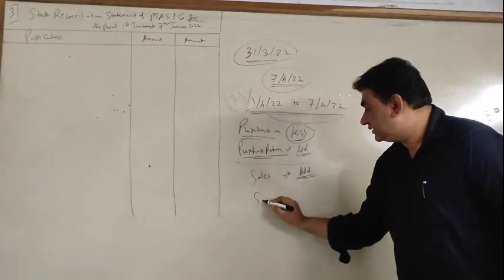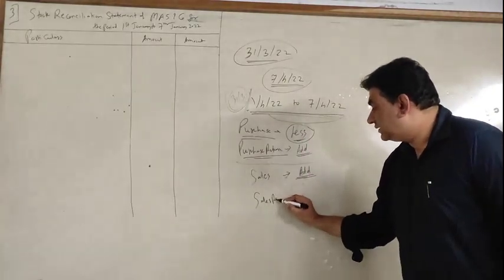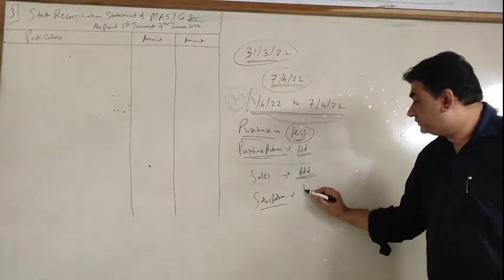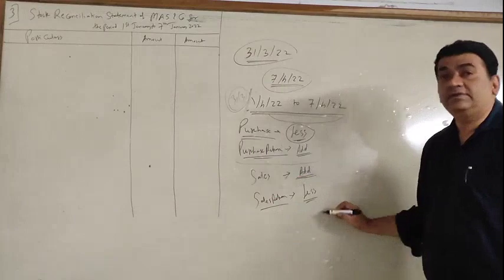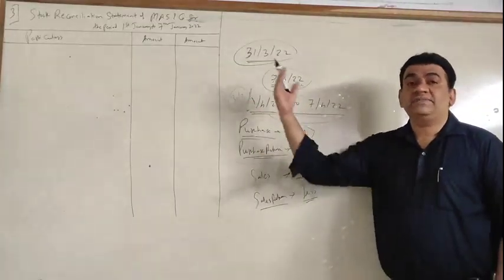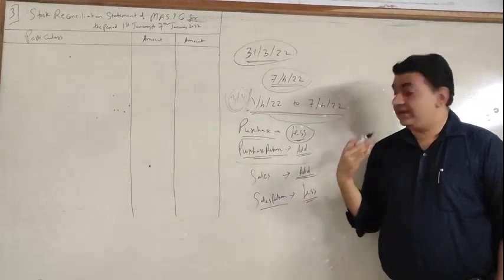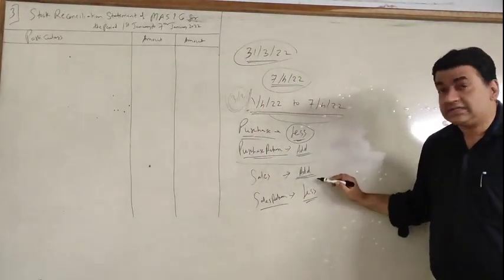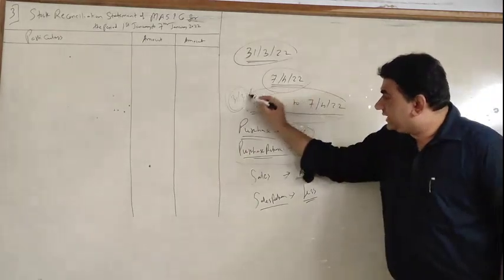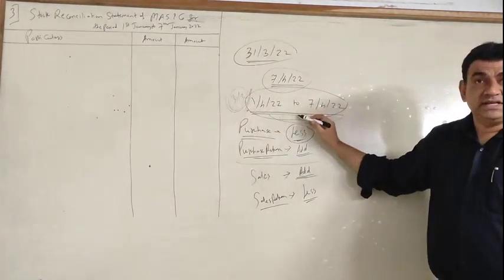Similarly, sales return. Again, but obvious. अगर sales को add कर रहा हूँ, sales return minus होगा. Why? Because customer has given it back to me. So it has come back to me in this period.